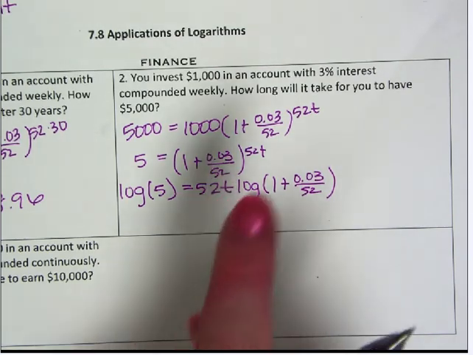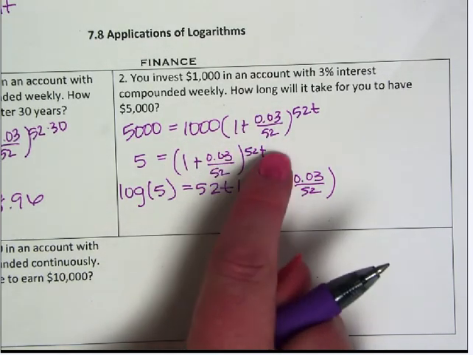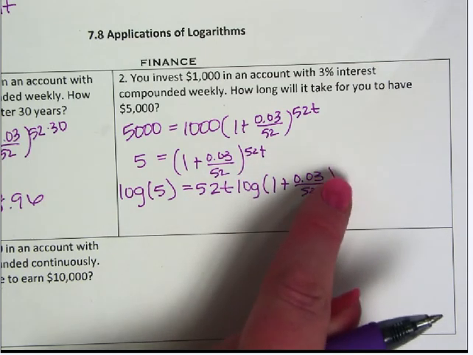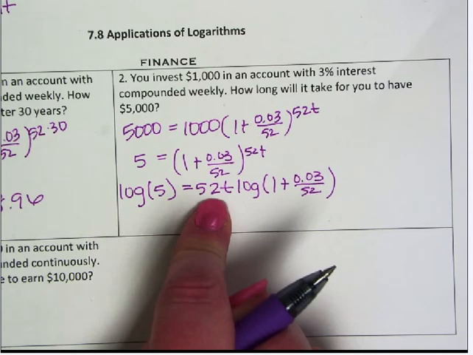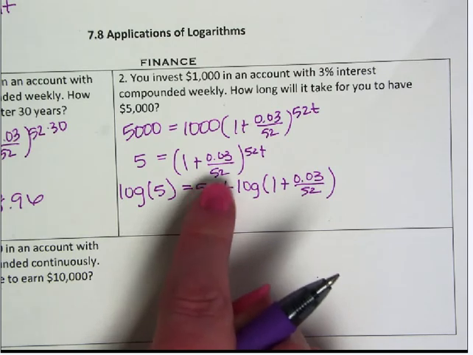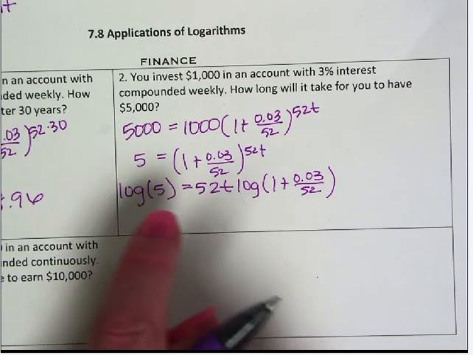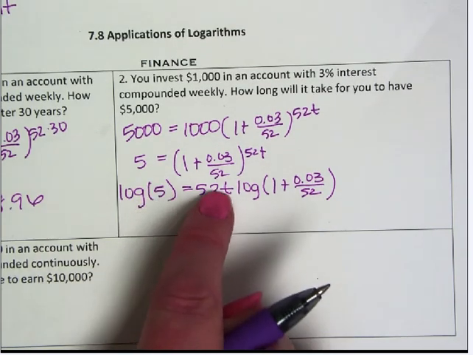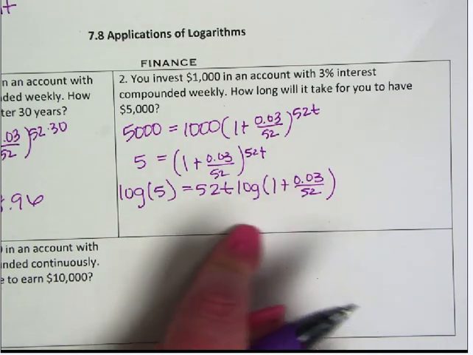Okay, so what happened here is when you're taking the log of the right-hand side, you have an exponent inside the log, and we have the power rule that says that exponent can come out in front as a coefficient. So I've already done that. Okay, at this point, we're trying to get t by itself. So what I would do is take log of 5 and then divide by 52, and then also divide by this log.